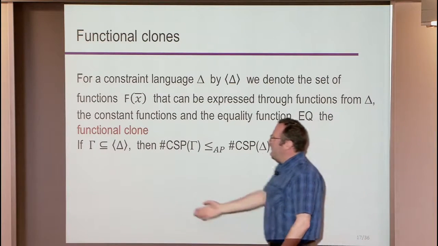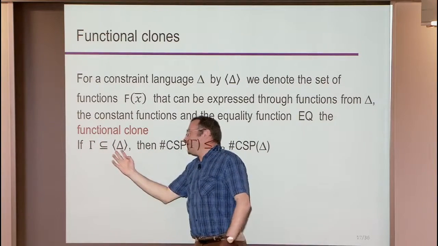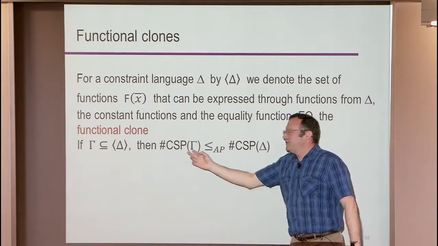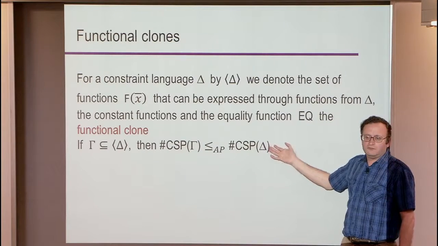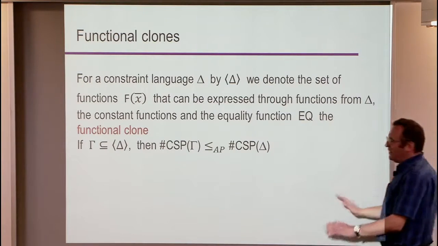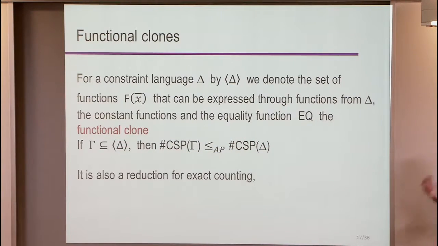Well, it's very easy to see that if I take some set of functions gamma that belong to the functional clone generated by delta, then the CSP of gamma is AP-reducible to CSP of delta. Very simple. So, in a sense, if I care about complexity, I only have to study clones, nothing else. By the way, this is also a reduction for exact counting.